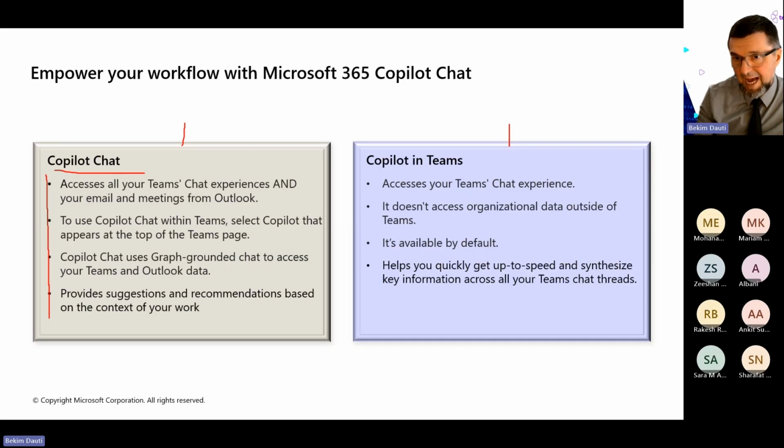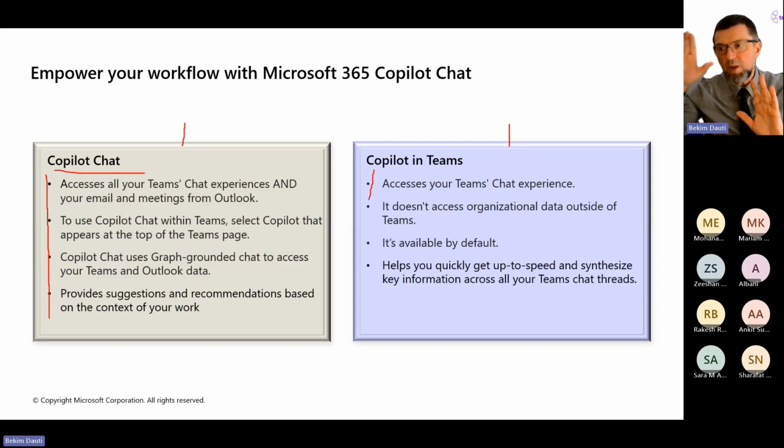On the right hand side, Copilot in Teams can access just your Teams chat experiences. So Copilot in Teams, which we're going to be seeing shortly, can access just the chat experience within Teams alone, whereas the Copilot chat in Microsoft Teams can go beyond Microsoft Teams.